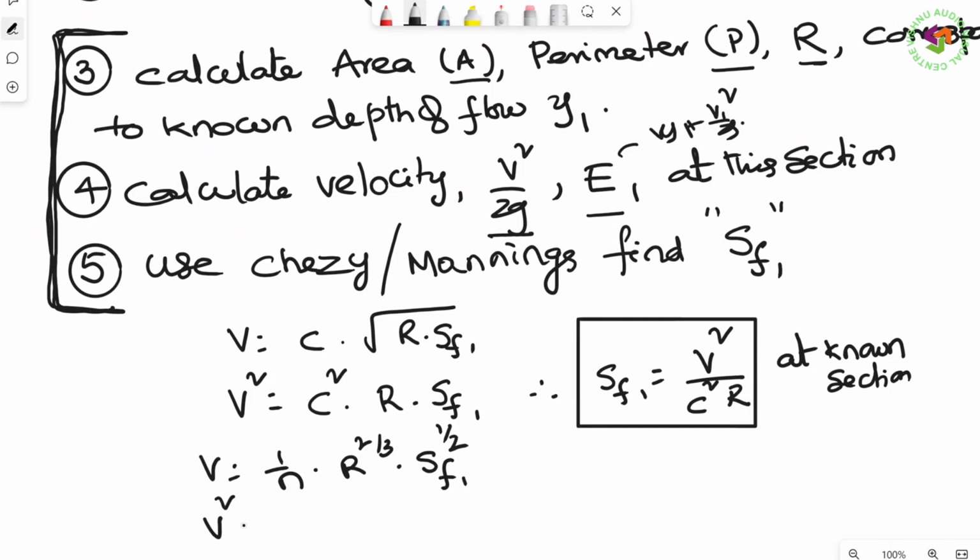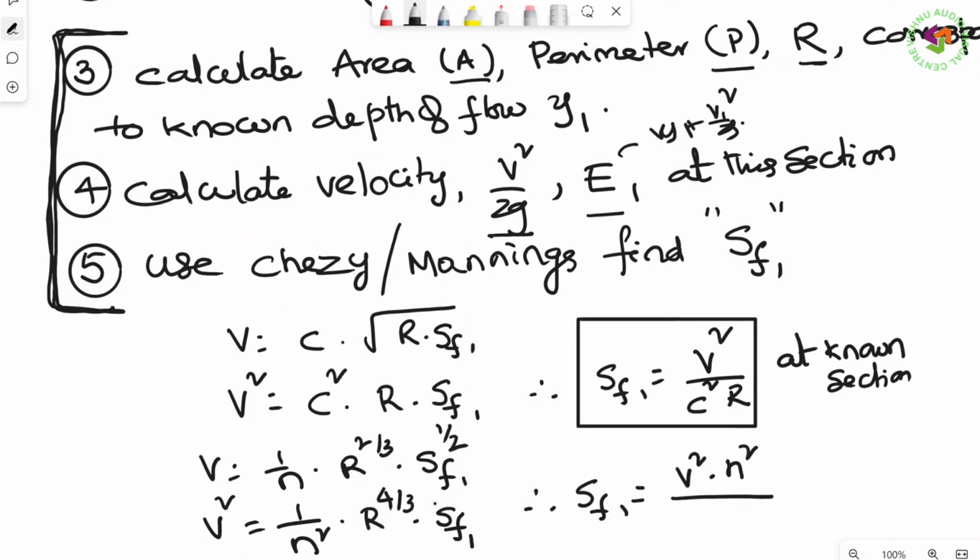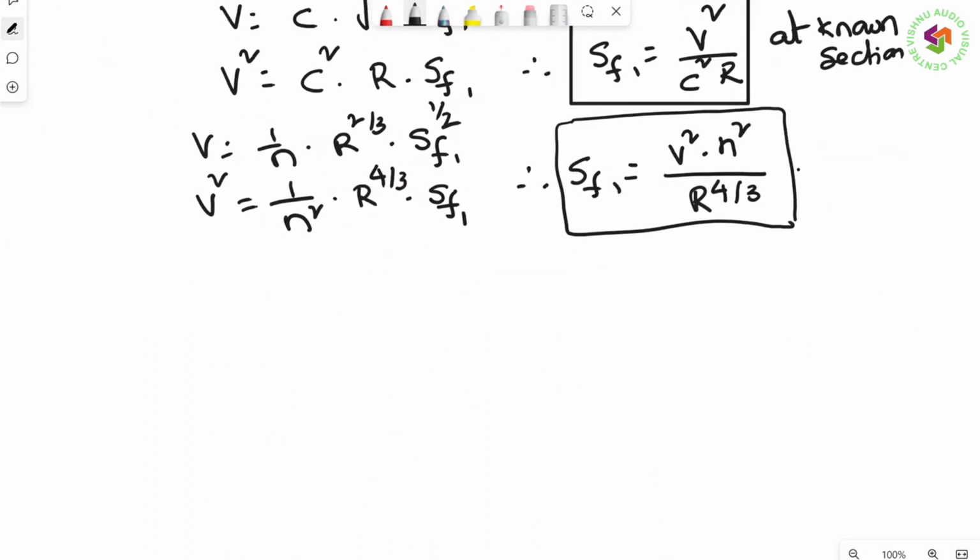V square is equal to 1 by n square into R to the power of 4 by 3 into Sf1. Therefore, Sf1 is equal to V square into n square divided by R to the power of 4 by 3. Use any of these equations and find out Sf1 at section 1. This is over.